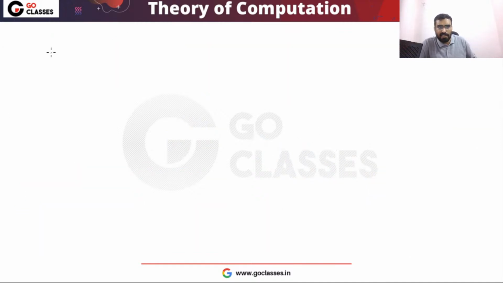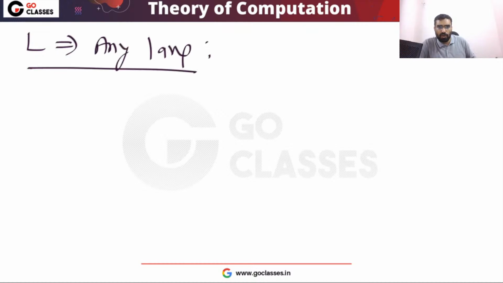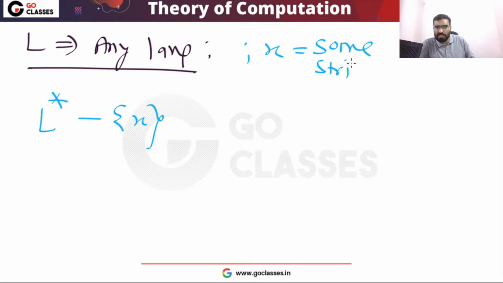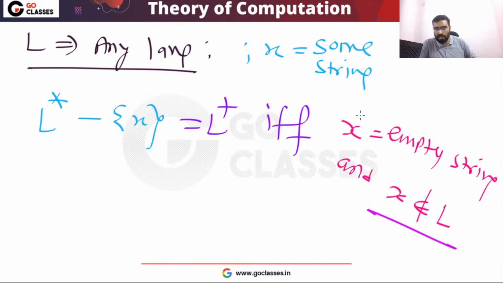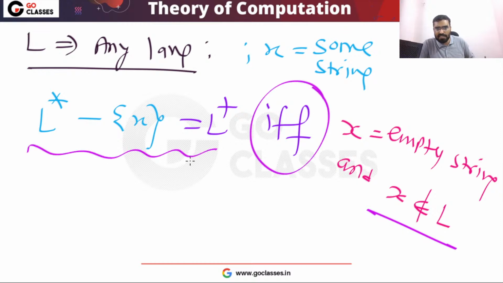So finally I can say this L can be any language. Then we can say that L star minus x, where x is some string, we don't know what string, equals L plus if and only if x must be empty string and x does not belong to L. So this is the sufficient and necessary condition.